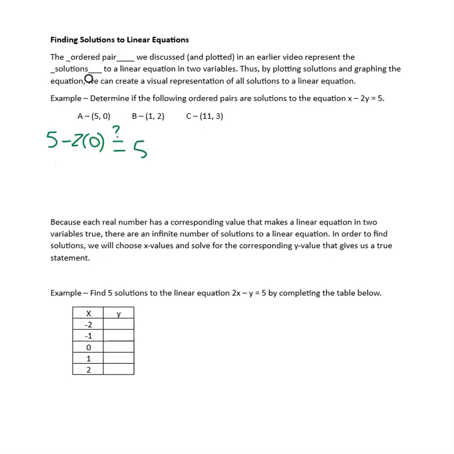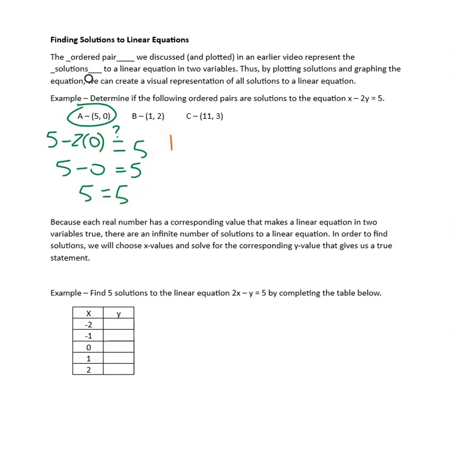So in this case, we get 5 minus 0 equals 5. That is in fact a true statement, so (5, 0) is a solution to the equation. Now let's test out B. In B we have (1, 2).